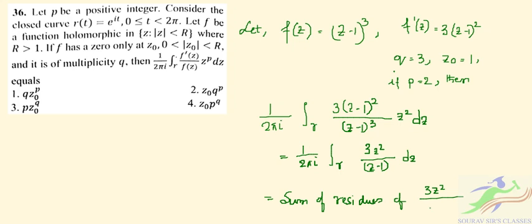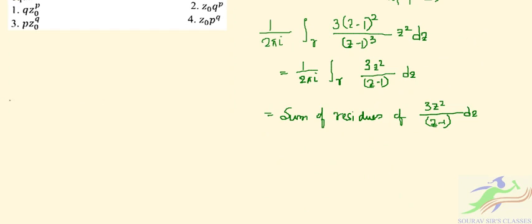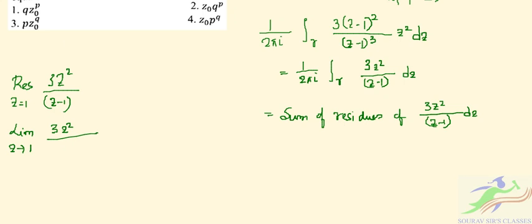The residue at z equal to 1 of 3 z square by z minus 1: the limit as z tends to 1 of 3 z square by z minus 1 into z minus 1, right?